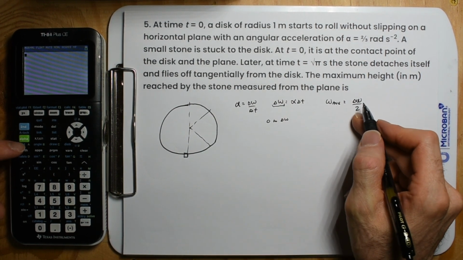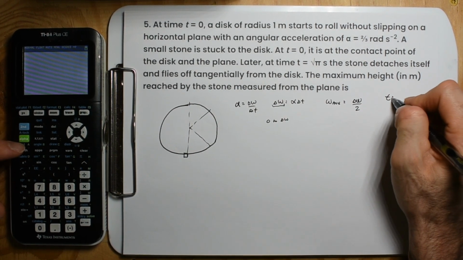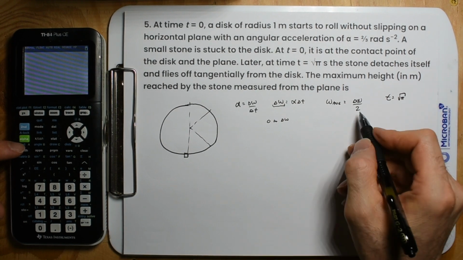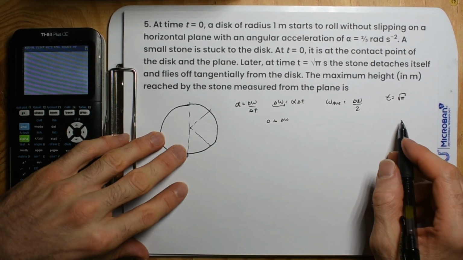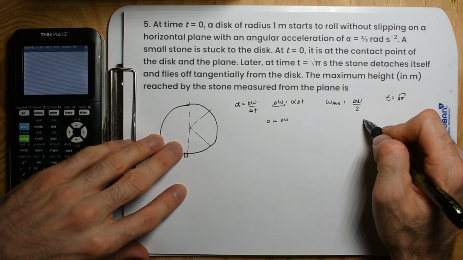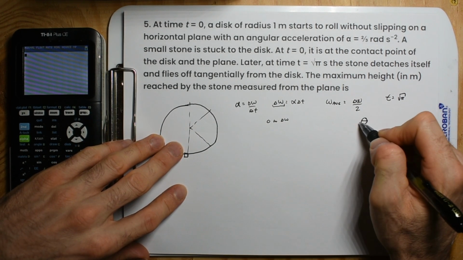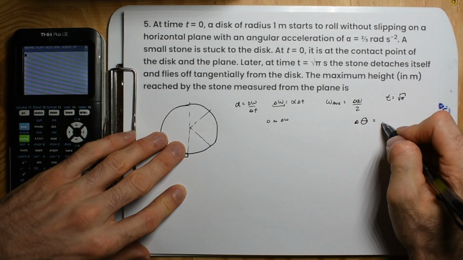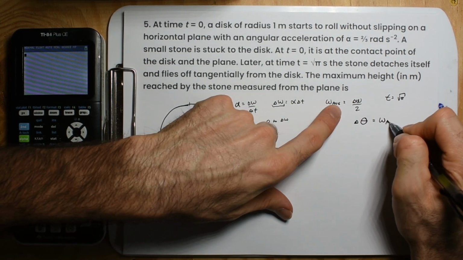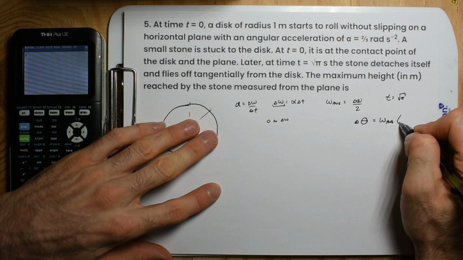And once we get that, we're going to multiply by our time. Our time is square root of pi. So our angular distance traveled, the change in angle, is going to be omega average times time.